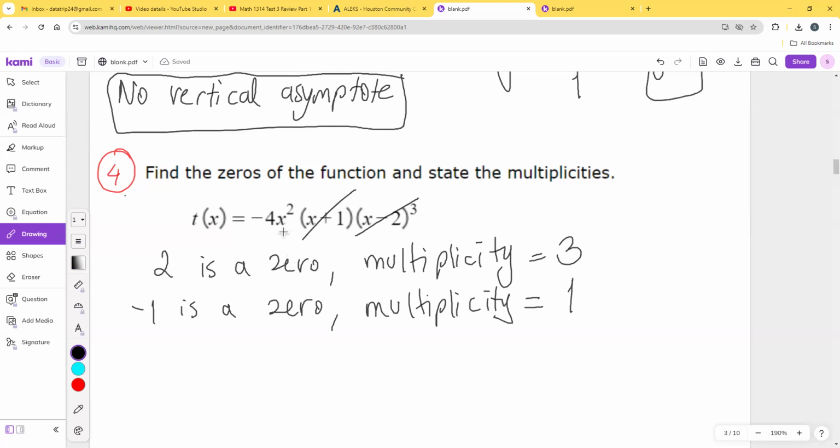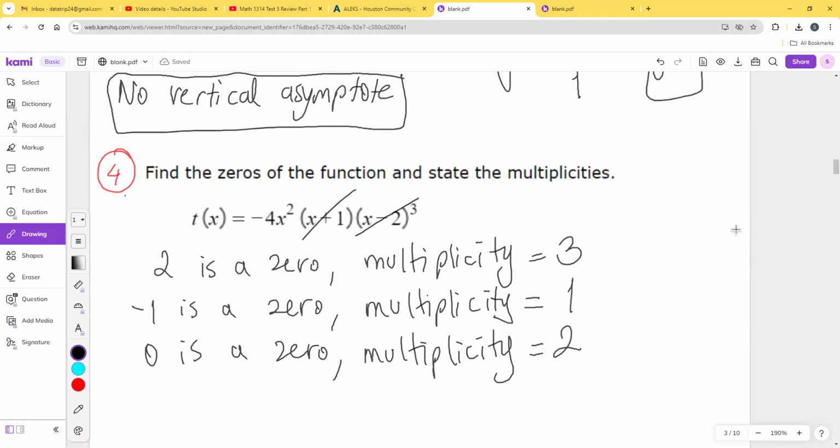Which one? 0, good job. So 0 is a 0 too. What is the multiplicity for 0? 2, good job. And this is how we do this question on the test when we see it. Super easy, right?